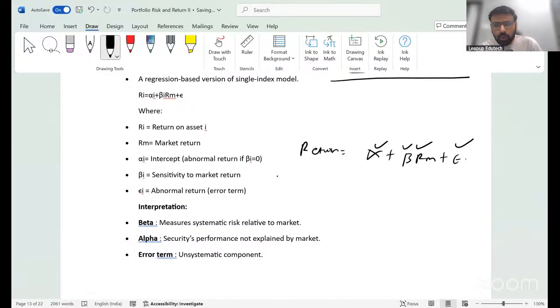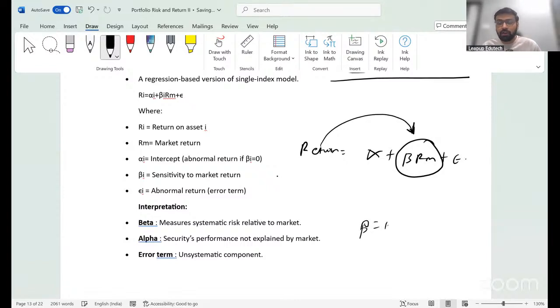Sir, beta into RM, what is that? We understand that. What is beta into RM, guys? The return of a stock is influenced by beta into RM. We have been doing this for a very long time. If the beta of a particular stock is 1.5, that means tomorrow if the market goes up by 1%, my stock will go up by 1.5%.